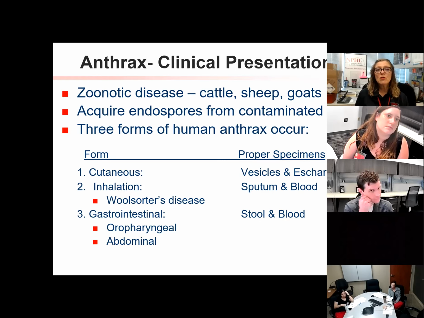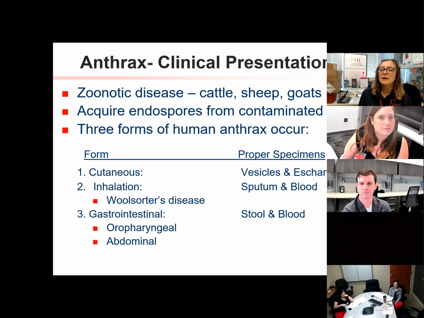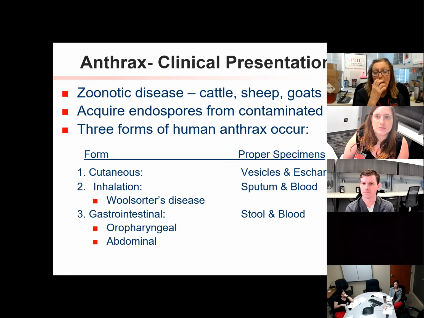So let me go through real quickly, and that's what I'll do after each of your case studies. I will go through the clinical presentation of each one so you know what to look for when the physician shares the symptomology with you. So in the case of anthrax, this is a zoonotic disease that you can see in cattle, sheep, and goats. So our friends at the UNL lab, a vet lab, they could easily see this.